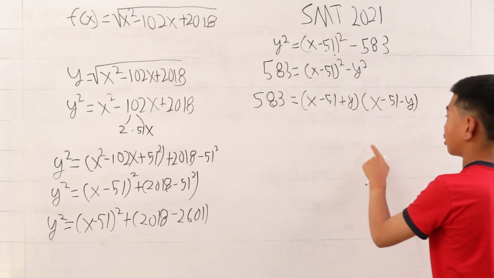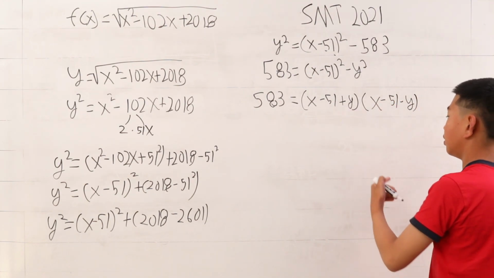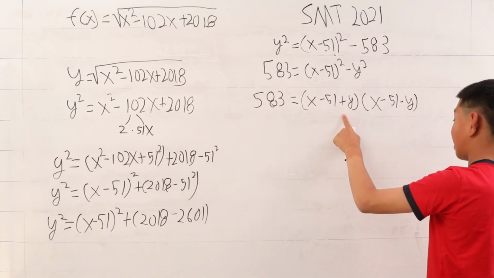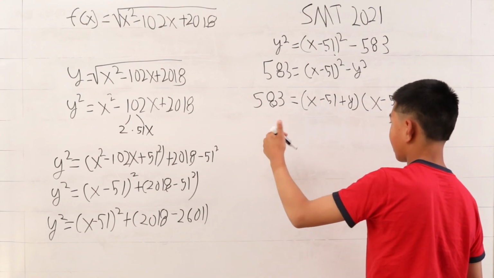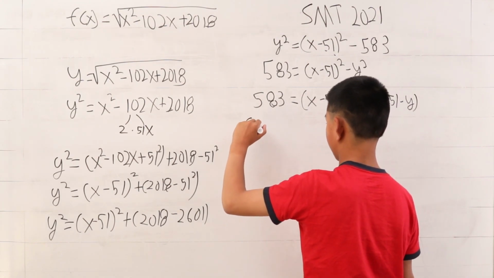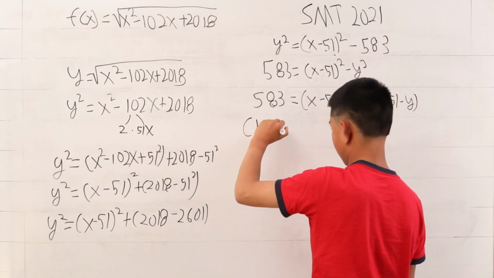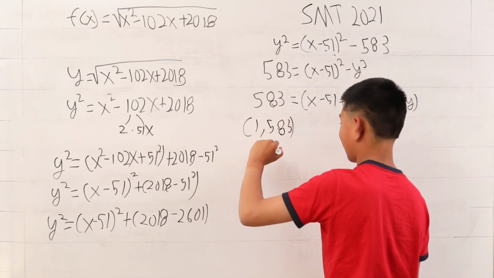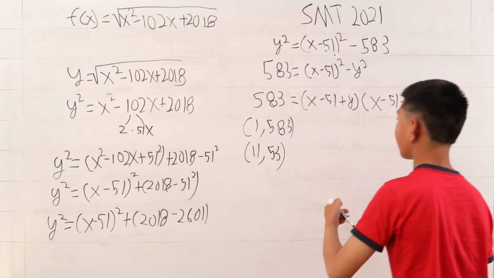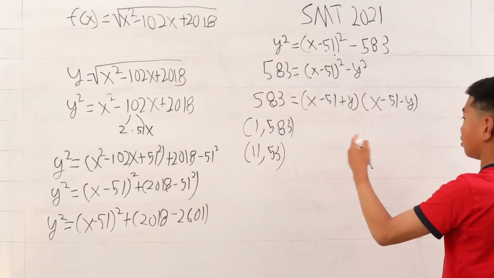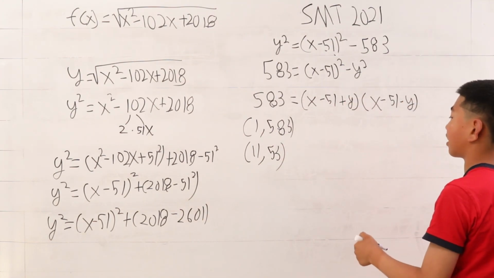Now here's the real solving part. First thing we do, we assume that this is greater than this. Now 583 can only be factored in two ways: 583 and 1, and 53 and 11. Now we just put these in two case scenarios to see if they're correct.